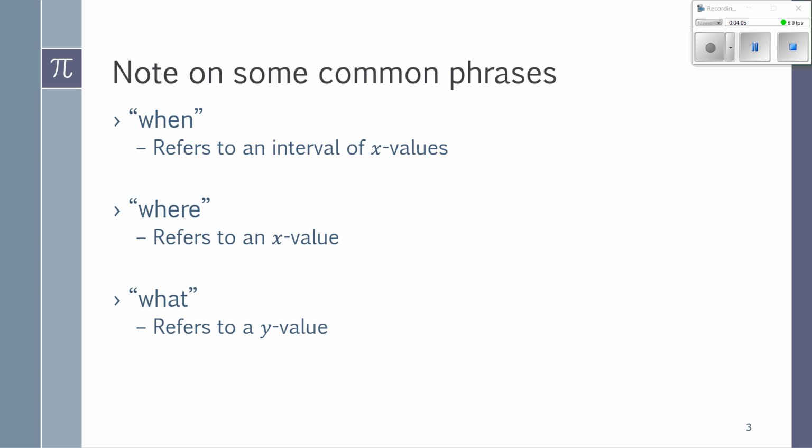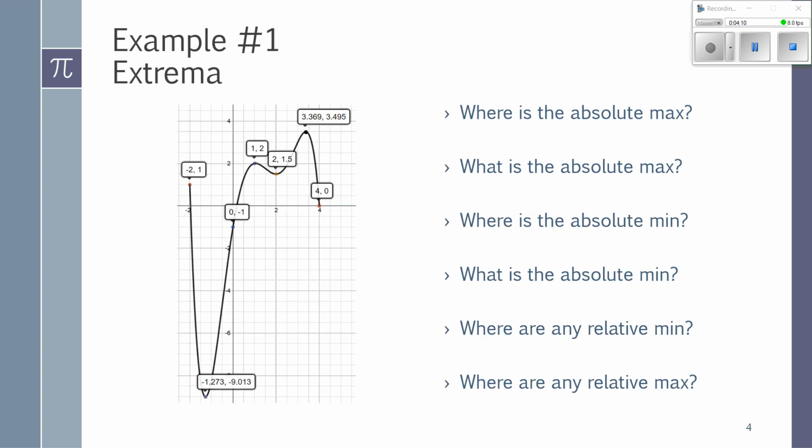So if I look at the graph here, this is a graph on a closed domain from -2 to 4. I can see here that's a closed endpoint. So my domain is from -2 to 4. And I'm asked, where is the absolute max? Where means that it's the x-coordinate. And I can see here is my absolute max, because that is the highest point in my entire domain.